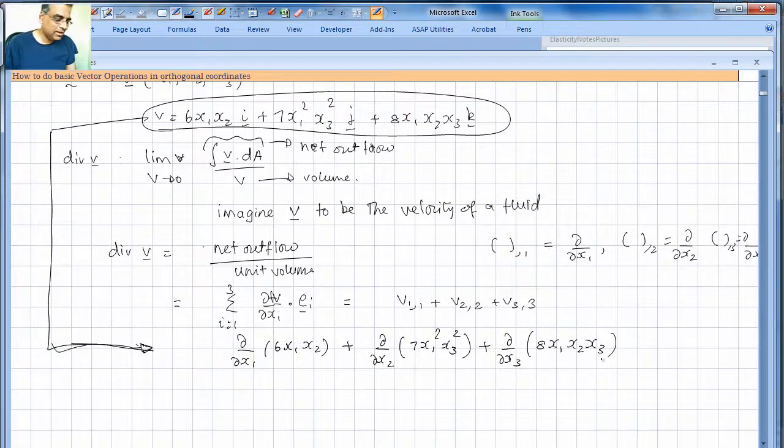That's easy, right? There's nothing to it. Immediately you will get 6x2 plus 0 plus 8x1 x2.